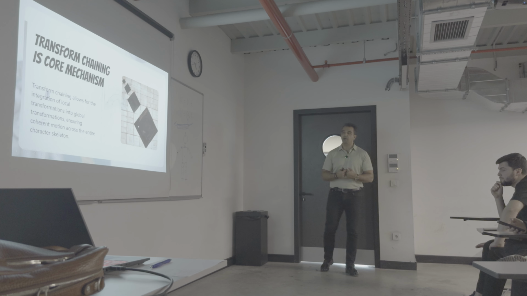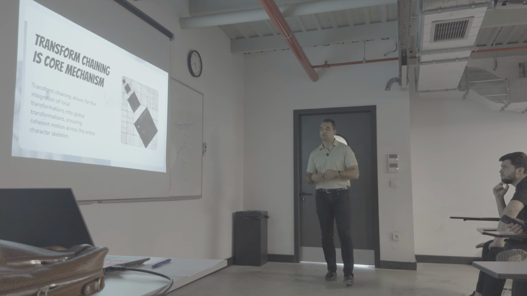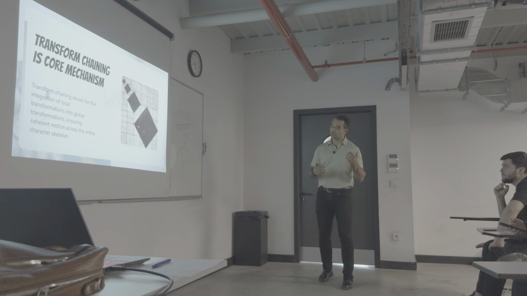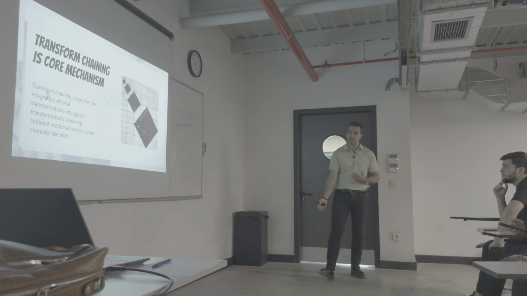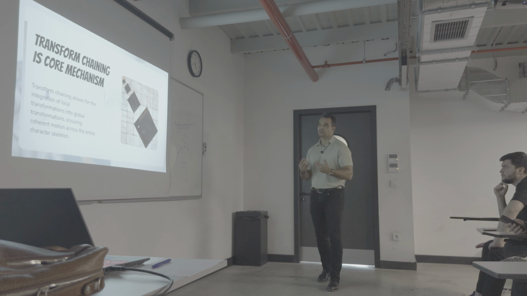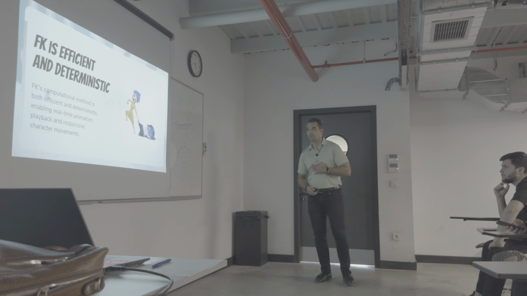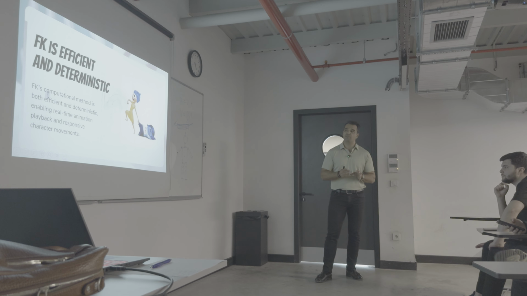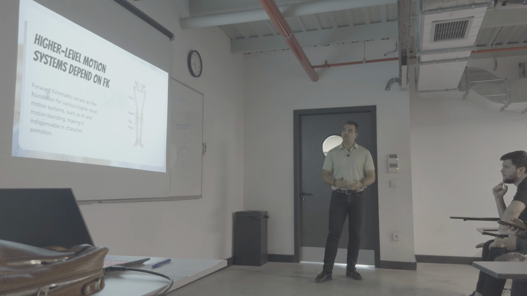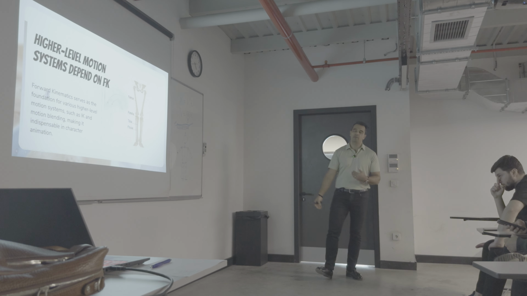If we define the local transformations into the global transformations, it creates a chaining, transform chaining. And forward kinematics is efficient and deterministic. The higher level of motion systems depends on forward kinematics.